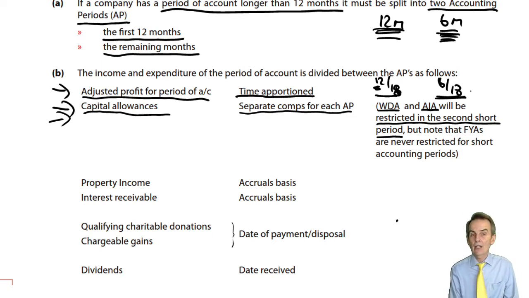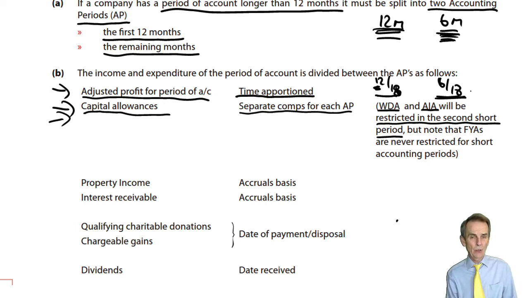So we would have, in the second short period of 6 months, 6/12 of the annual writing down allowances being available to us, and we'd have 6/12 of the AIA limit based on £1 million for a 12-month period. So half of that for the 6-month period would be a £500,000 AIA limit. So WDA, AIA will be time apportioned.